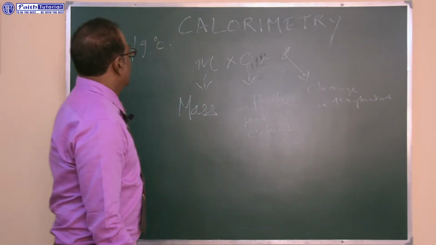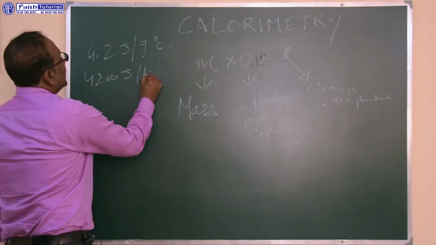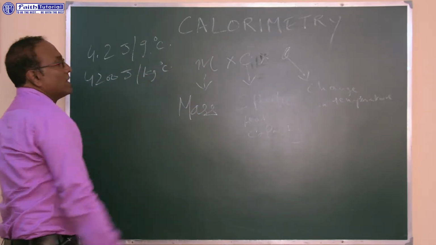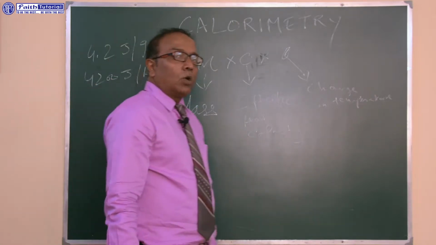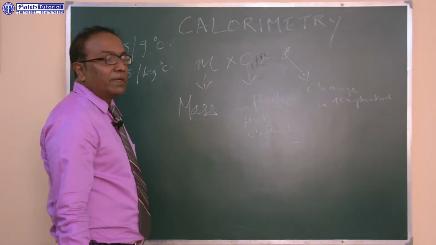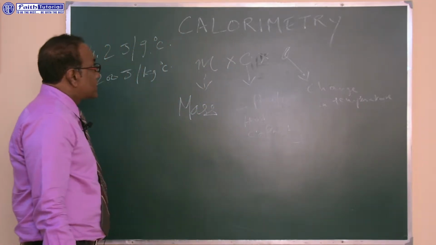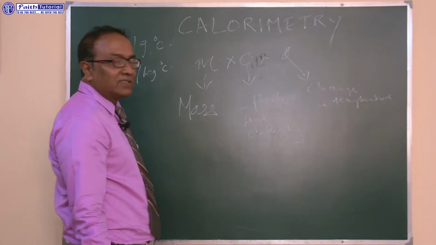And if it is in kgs, it will be 4,200 joules per kg per degree centigrade. That means 1 kg of water absorbs 4,200 joules of heat to raise its temperature by 1 degree centigrade. Different substances on earth have different specific heat capacities.